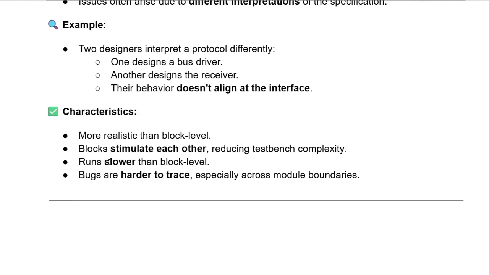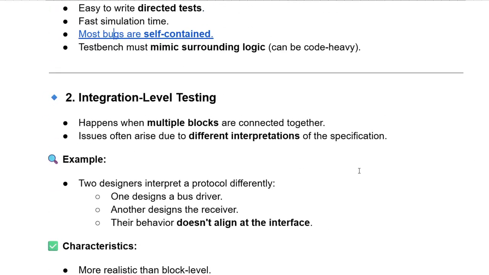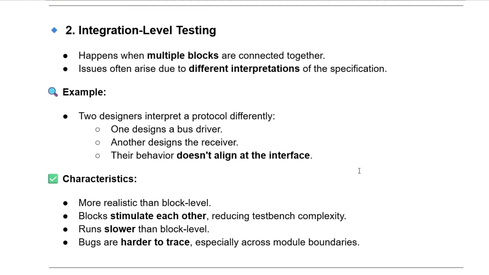It runs slower than the block level. Bugs are harder to trace, especially across the module boundaries. So this is integration level testing.